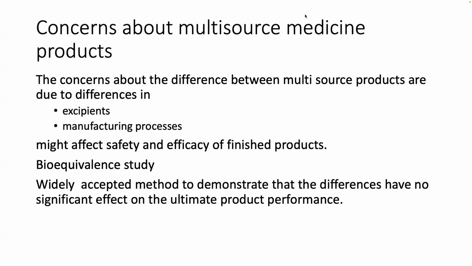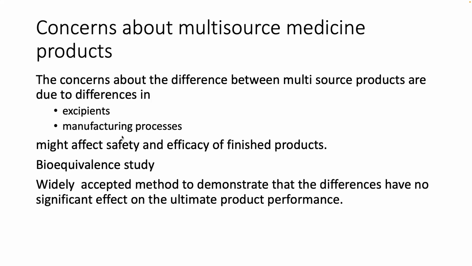So, the concerns that were raised include that different excipients may be in different products. The excipients may be different from those in the innovator, and the manufacturing process may not be as stringent as that of the innovator product.